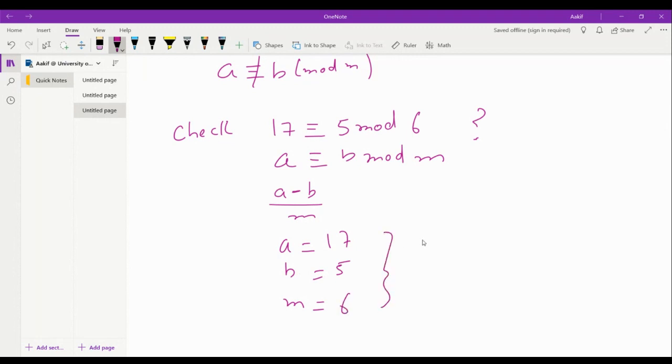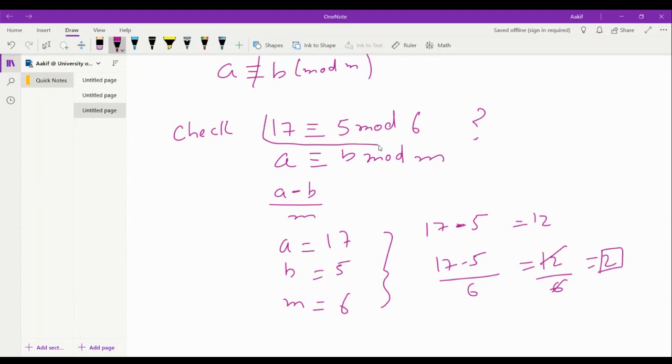Now let's check whether it's divisible by M or not. So 17 minus 5 is equal to 12, and 17 minus 5 by 6 is equal to 12 by 6. So it is divisible. We get 2. Therefore, 17 is congruent to 5 mod 6.